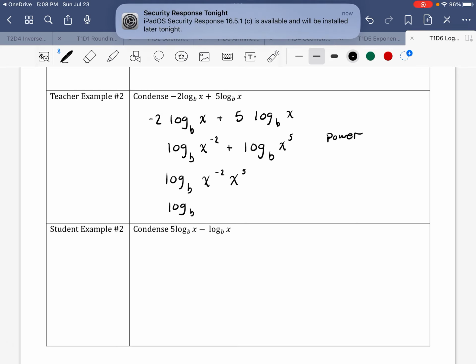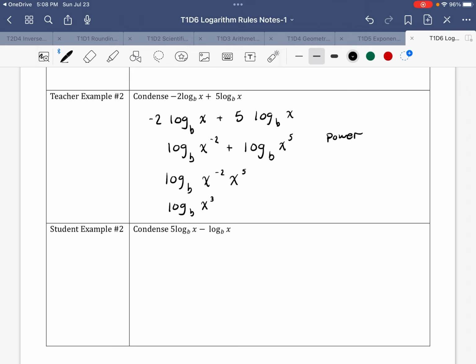We get log base b of x to the third power. Since that is completely simplified, we're going to put that exponent back out in front, and we'll get 3 log base b of x. Go ahead and try student example number 2 on your own.